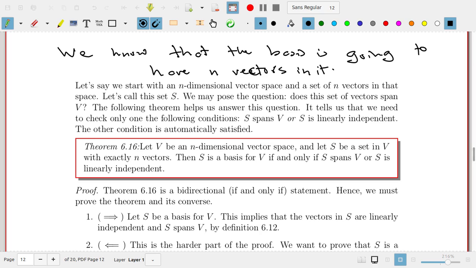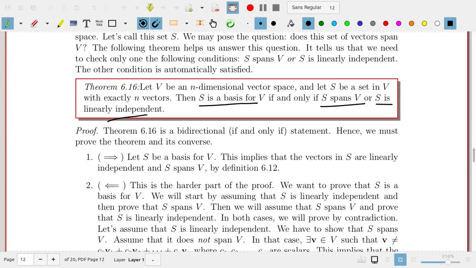So this direct statement, right? If S is a basis for V, by definition, S must span V and S must be linearly independent. What does the definition say?